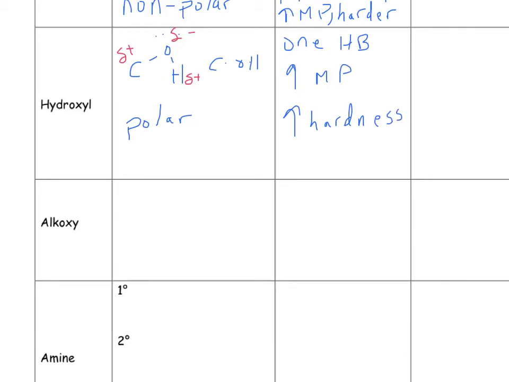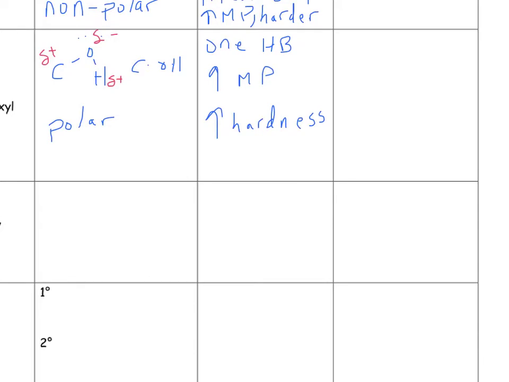If I try to dissolve a compound with a hydroxyl group in water, because it has an O and an H in it, it can make a hydrogen bond with water. This increases the solubility of the compound.